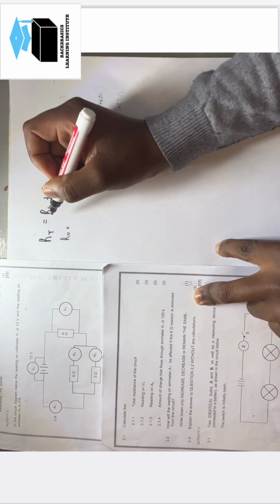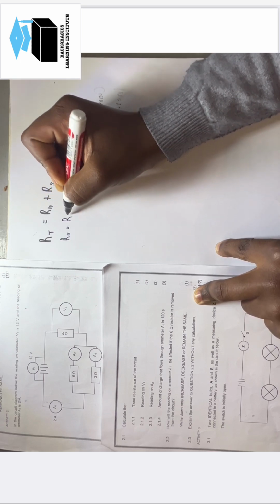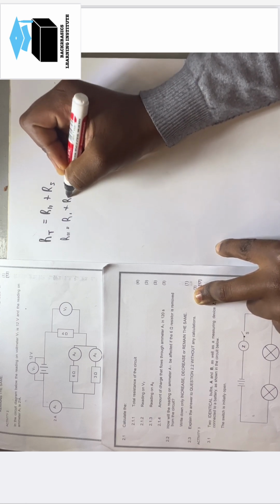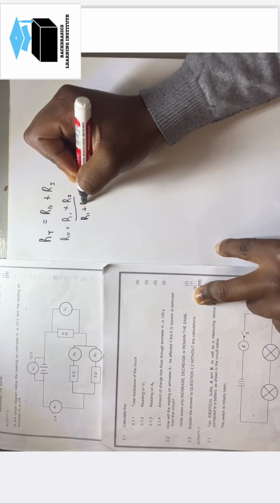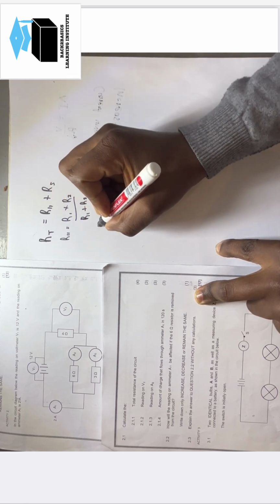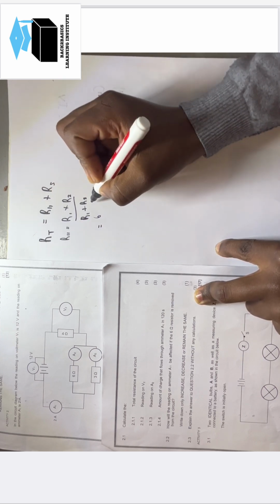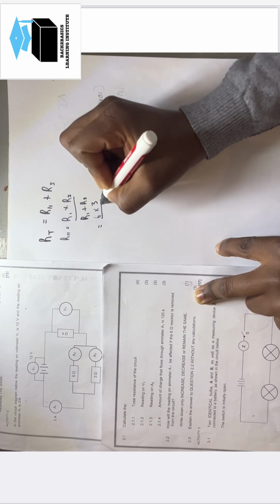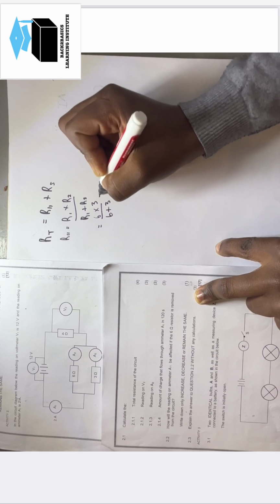Your R parallel in this case is going to be R1 multiplied by R2 over R1 plus R2, right? So in this case, you're going to have your 6 ohms resistor multiplied by your 3 ohms resistor over 6 plus 3.